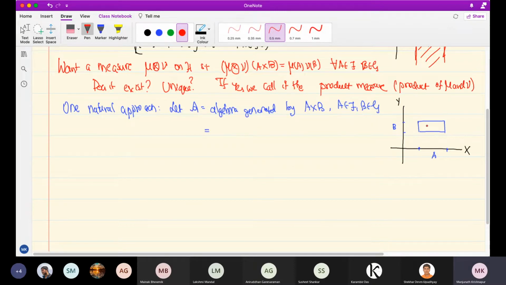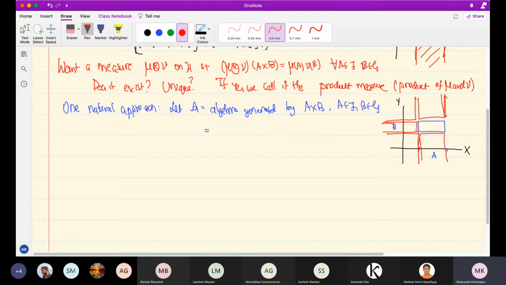Because what is the complement of this? It's everything outside, which is a union of one rectangle like this, another rectangle like this, another rectangle like this, and so on. How many are there? I think there are 8 rectangles. So it is a union of all these other rectangles.